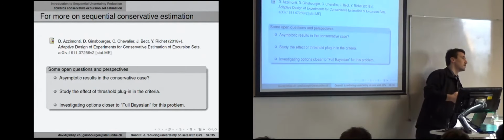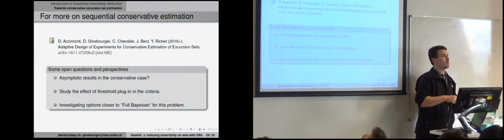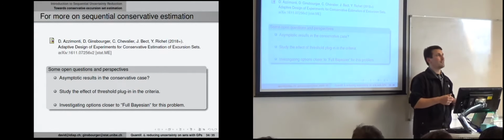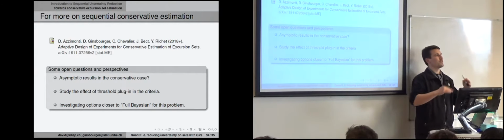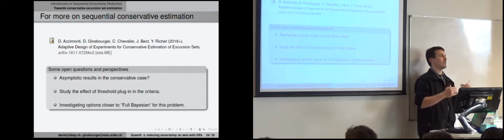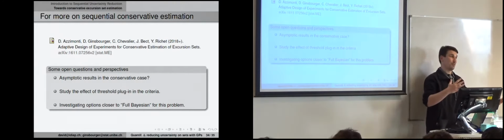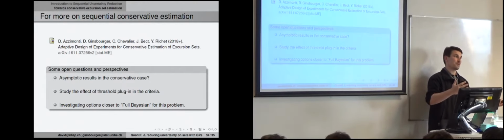Question: Do you optimize the volume of the region by the conservative estimate? Answer: I didn't give all the detail, but actually we consider several criteria. One of them is the volume. You want that at the next step, the volume of the future conservative estimate is as large as possible, but under the conservativeness constraint.